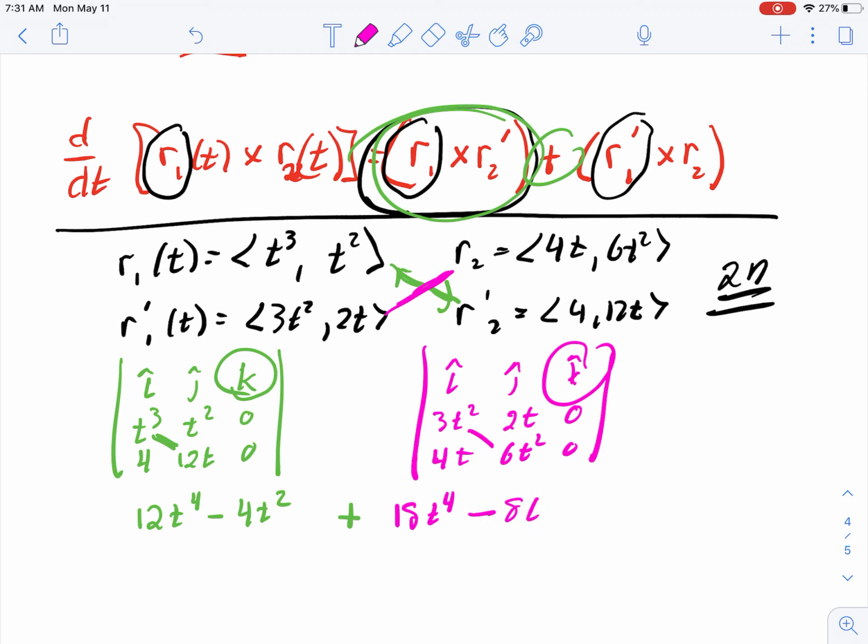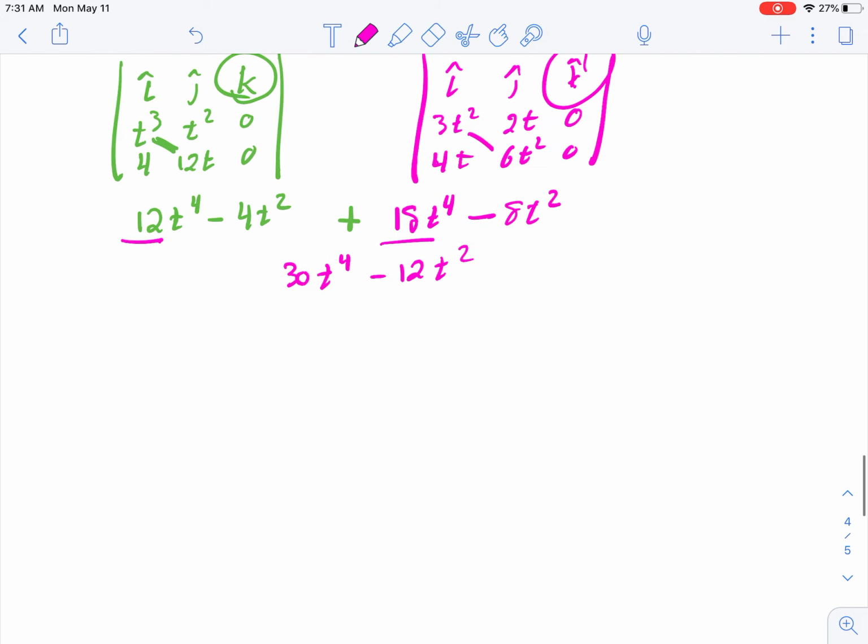I'm going to keep going here. So minus 8t squared. And therefore, on the fourths here, it looks like 30t to the 4th minus 12t squared. Something doesn't look quite right there, but I don't see what I might have done wrong. But anyway, at least you got the idea of it.